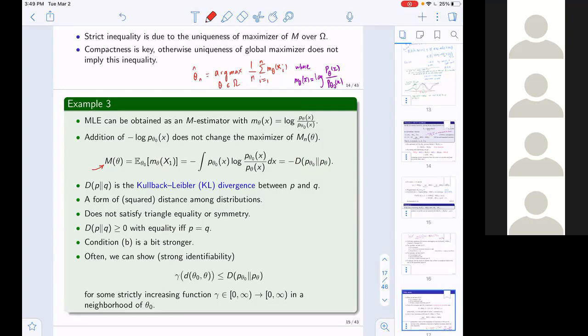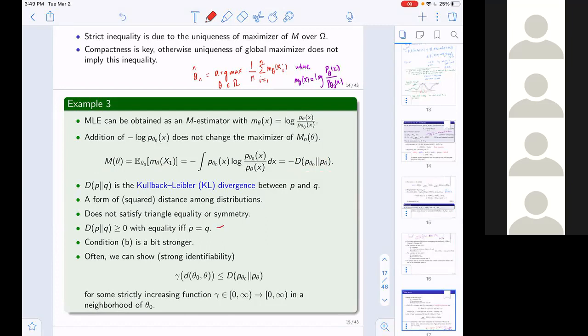So if the KL divergence is strictly positive, then m theta would be strictly less than 0. So the maximum of this is 0, and it's achieved at theta naught, and only at theta naught, in the sense that for any other distribution, this is going to be strictly positive. This is the property of the KL divergence.